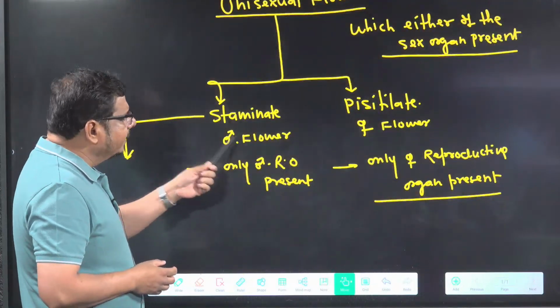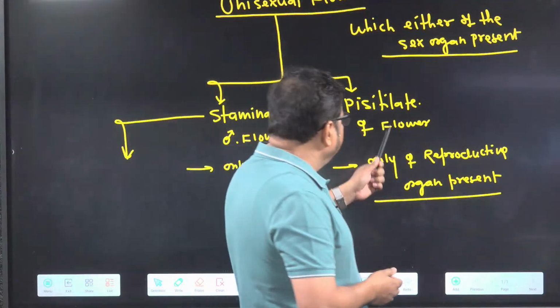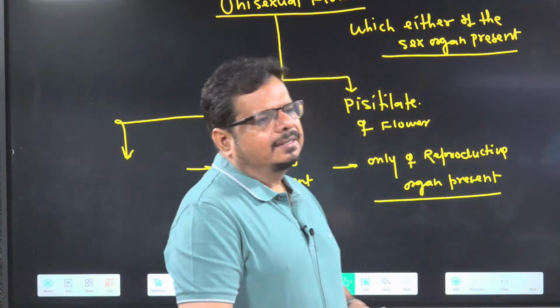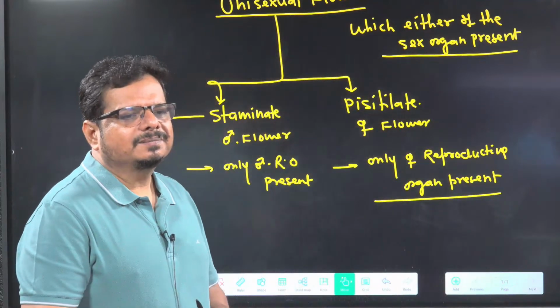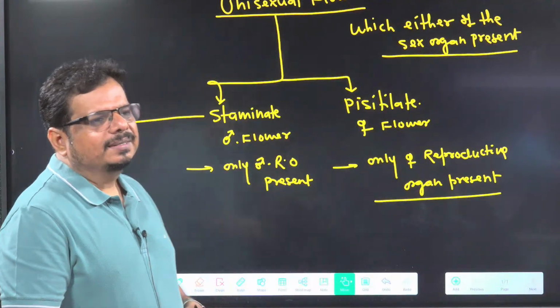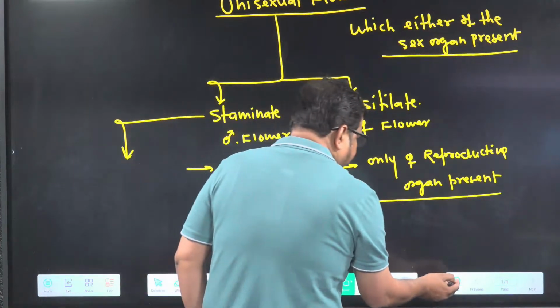Staminate, when only the male reproductive organ is present in the flower. Pistillate, when only the female reproductive organ is present in the flower. Understanding the idea? Clarity came in the mind or not? Done? Over? Is it all right? So you note it out, then I will tell you the next aspects. Give your attention.